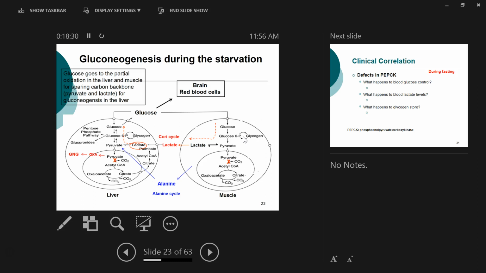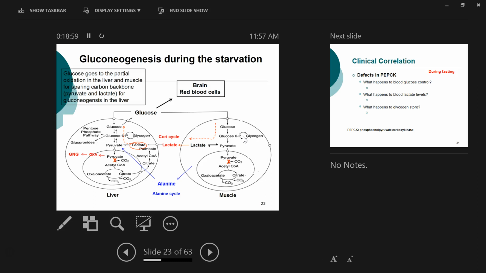Kidney is also an important site for gluconeogenesis, but that's for later. So far we covered the liver and muscle, and we talked about two cycles for gluconeogenesis. The main purpose during starvation is to maintain the blood glucose level, mainly for the use of energy by the brain and red blood cells, right?